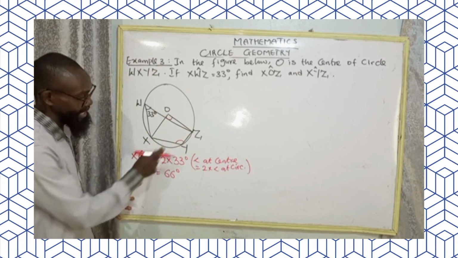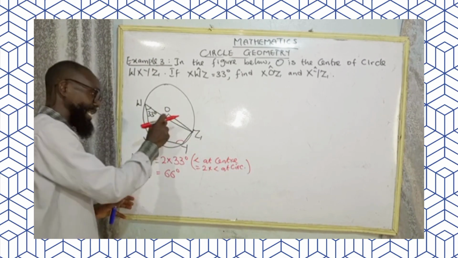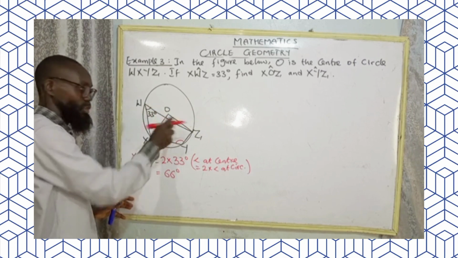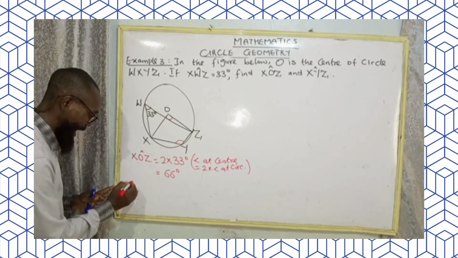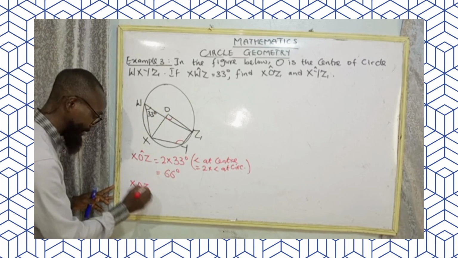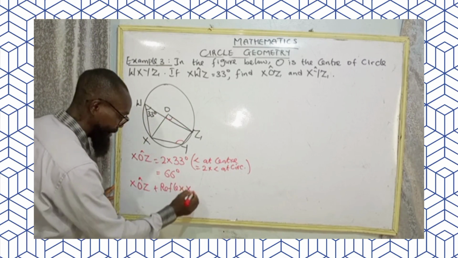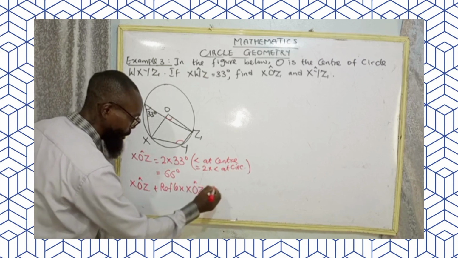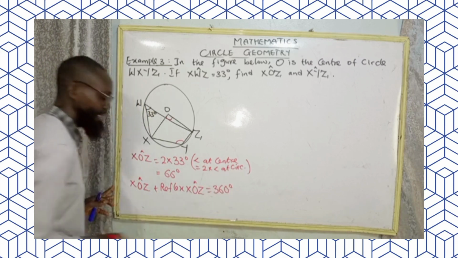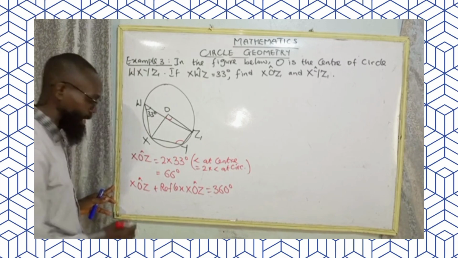But before we can get this XYZ, we must get this angle that is here. So that is angle XOZ plus reflex XOZ will equal 360 degrees. Reason: sum of angles at a point.